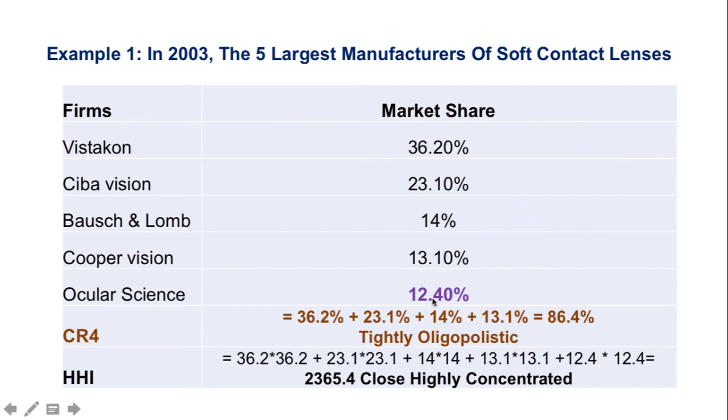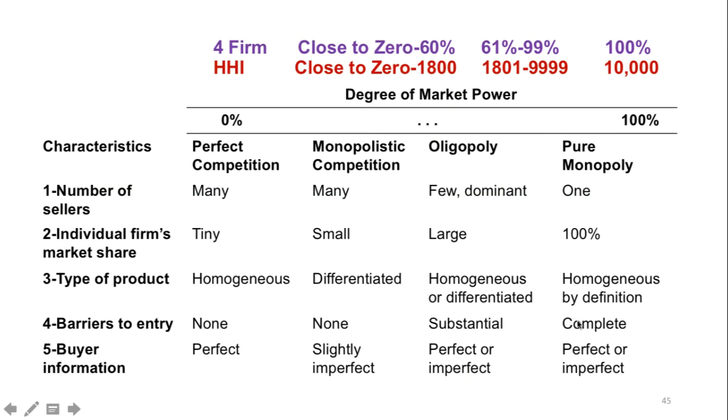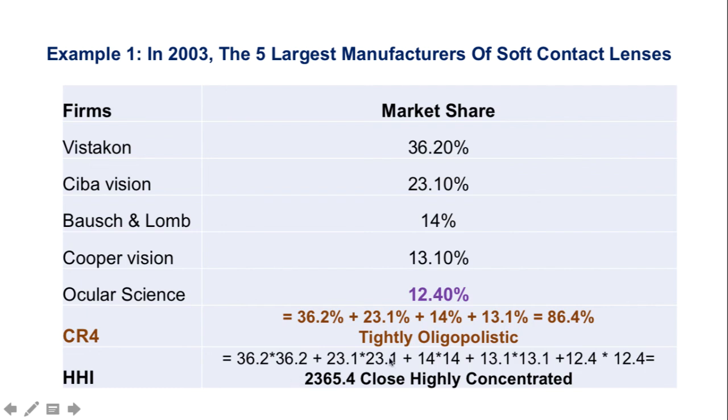So we don't include the last one, which is the fifth. We add the market share of the four largest, and when we add them up, we see that it comes to 86%, which, looking at the scale, is tightly oligopolistic.